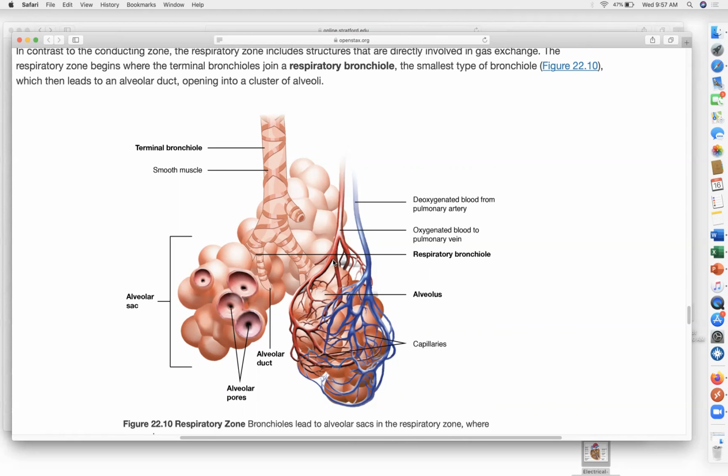So you can now see that if there's a lot of mucus here, as in the case of bronchitis and also asthma, your patient won't be able to breathe, won't be able to have gas exchange. Now, in the case of pneumonia, there's a fluid level that builds up in the alveoli.